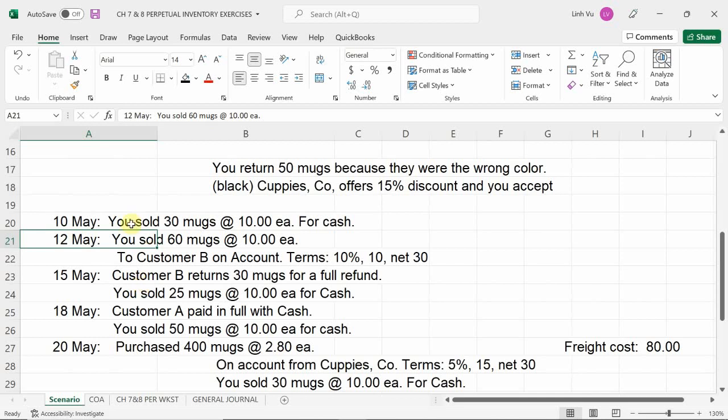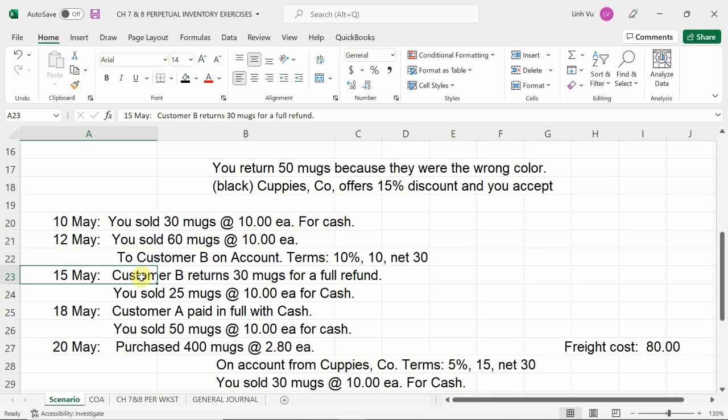Okay. So now that you sold to customer B, next one is May 15, where customer B decides a couple days later to come back to the store and return 30 of those mugs for a full refund. So in this case, customer B never paid me.